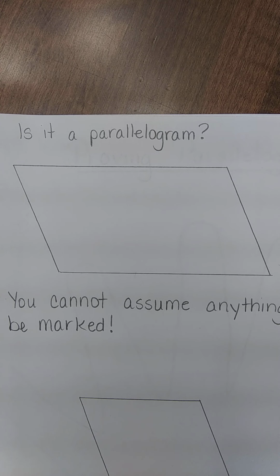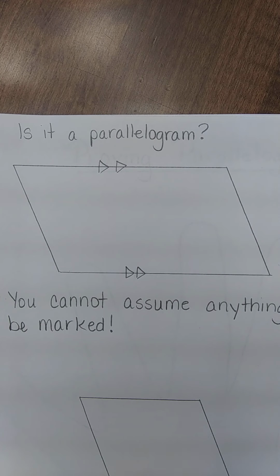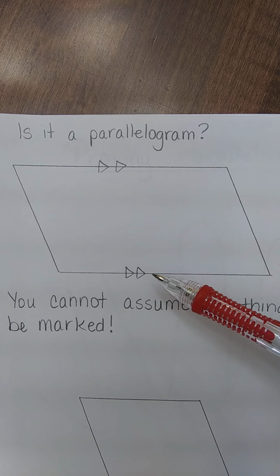So if it is going to be a parallelogram, it has to have certain things true about it. The definition is that it has two pairs of opposite parallel sides. So we use little triangles like that to represent parallel. So this one has two triangles and two triangles. They're opposite sides. They're the sides that don't touch each other.